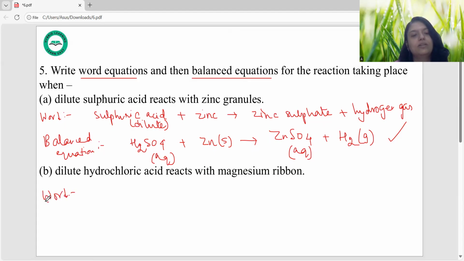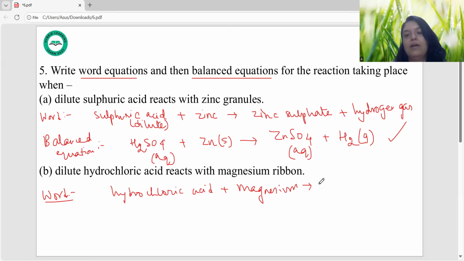Word equation. Dilute hydrochloric acid. So it's hydrochloric acid plus magnesium ribbon, means magnesium, gives magnesium chloride plus hydrogen gas.